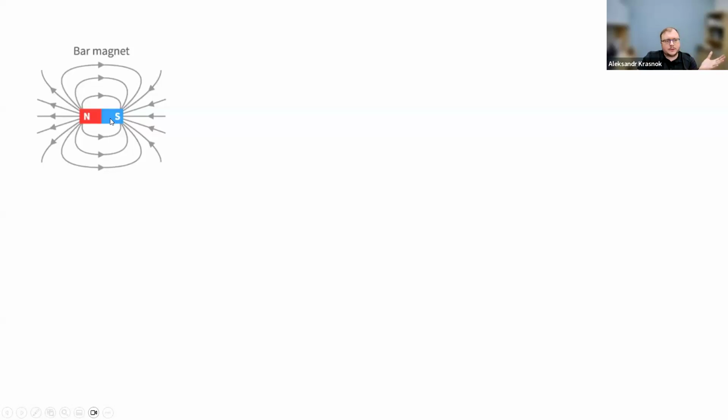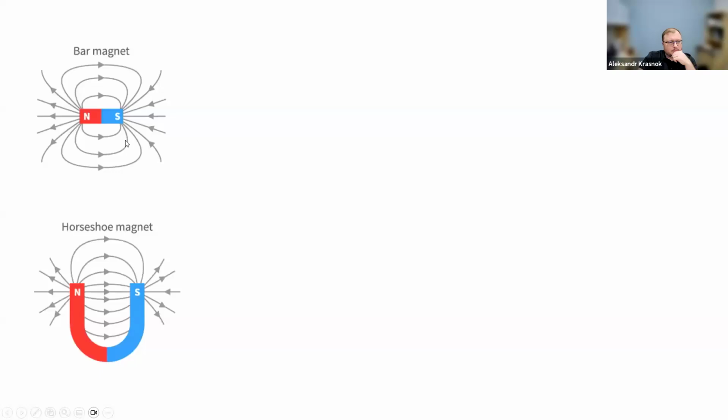It looks like we get two poles where the lines start in the north and end in the south. But in fact, these lines continue inside the magnet. So all these lines are closed.